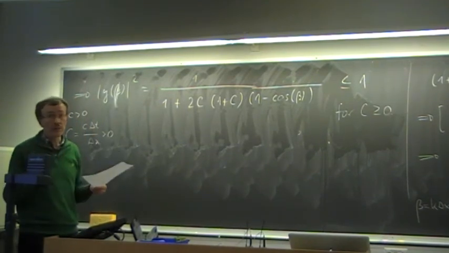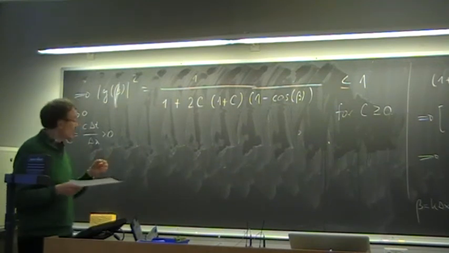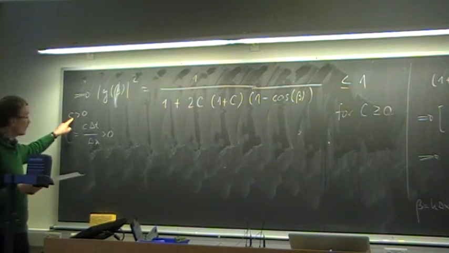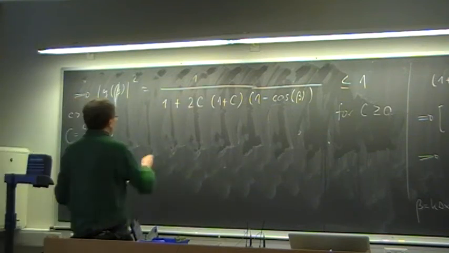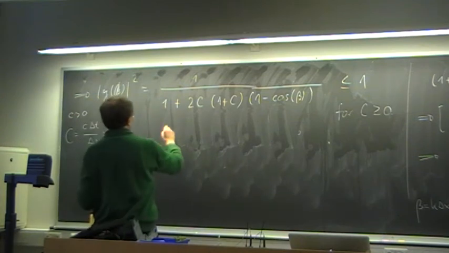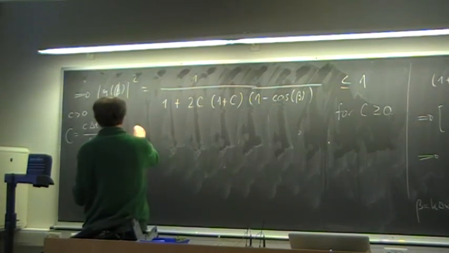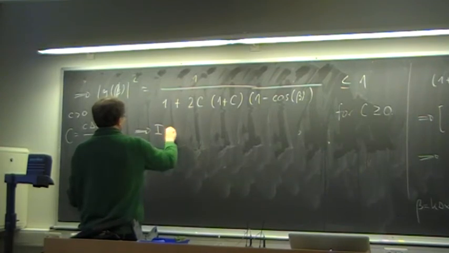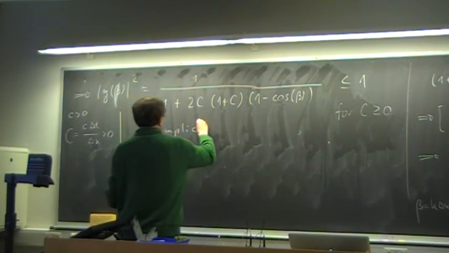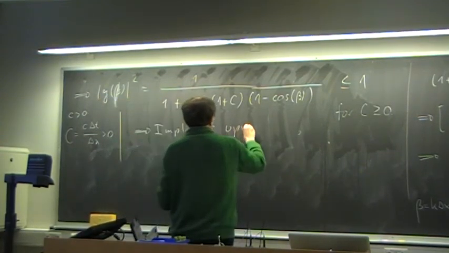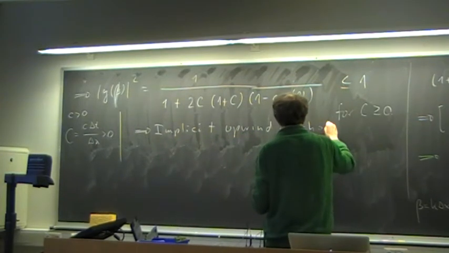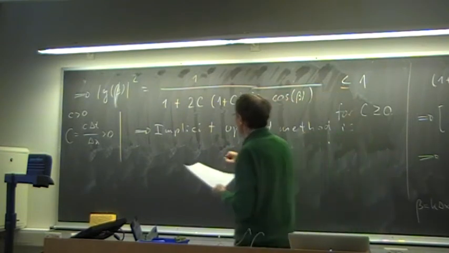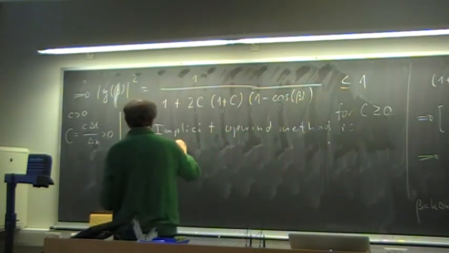We can use any time step with that. But of course we must have this. All is done for positive advection velocity. So the conclusion of this argument is that the implicit upwind method is unconditionally stable.